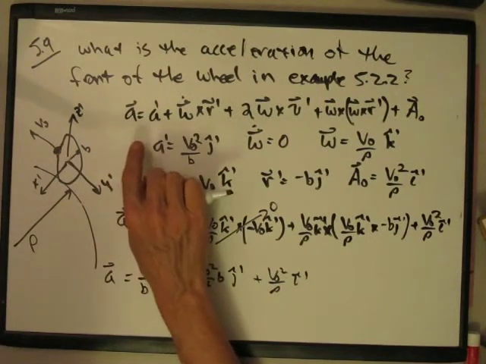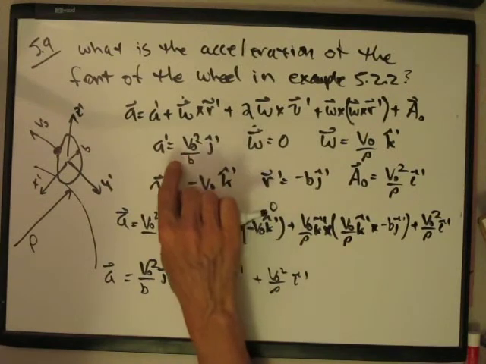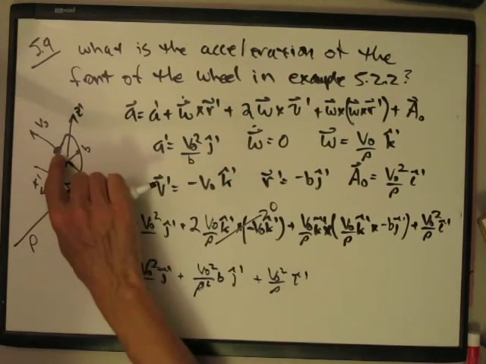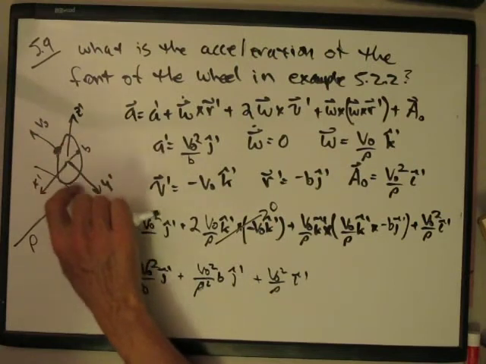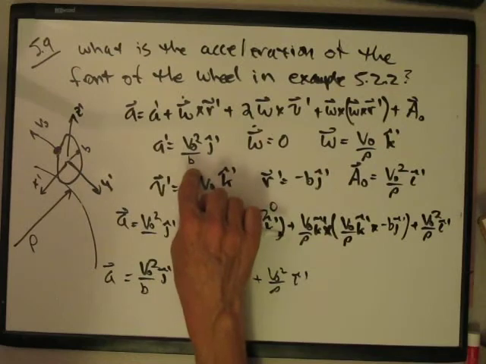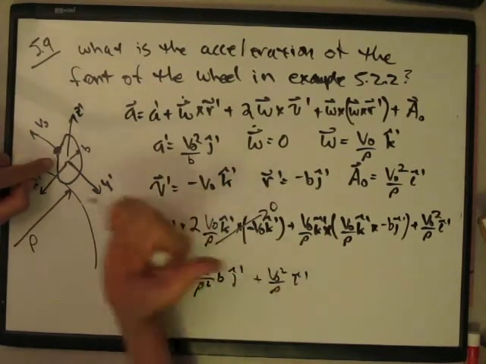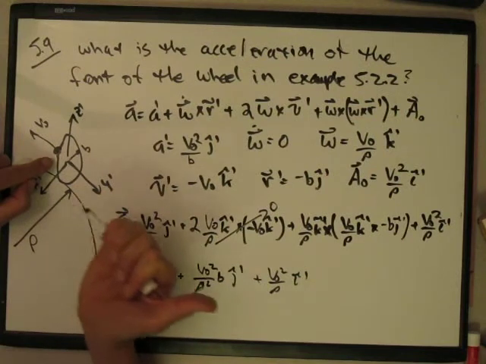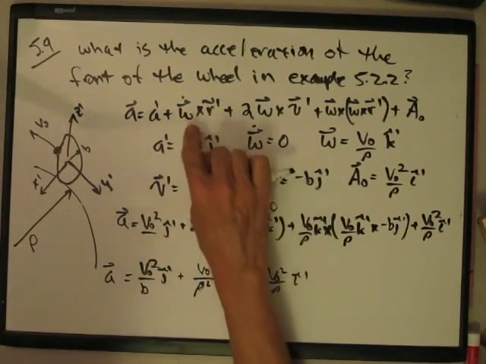What's the acceleration of the front of the wheel in this example? The acceleration of that point, this point, is just going around the center with a speed v0. And so its acceleration in the prime frame is just v0 squared over b. It's a centripetal acceleration. And when it's here, the acceleration is along the j-hat direction. So that's that.